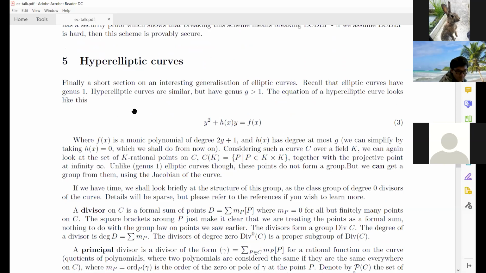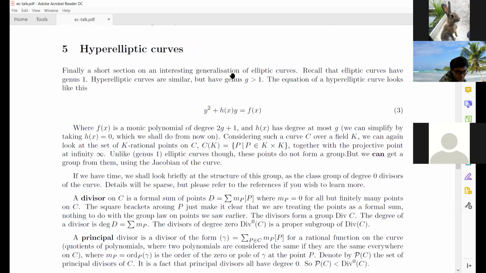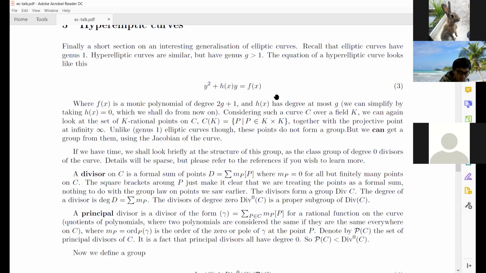A hyperelliptic curve is just the same as an elliptic curve, but it has a higher genus. So the other conditions, like the fact that it has to be non-singular, are all the same. It has a higher genus, like genus 2 or 3, and it has an equation of this form in general. So it's the same as the elliptic curve equation, right? You've got y squared. If we assume h(x) equals 0, which is allowed, then this is just y squared equals some function of x.